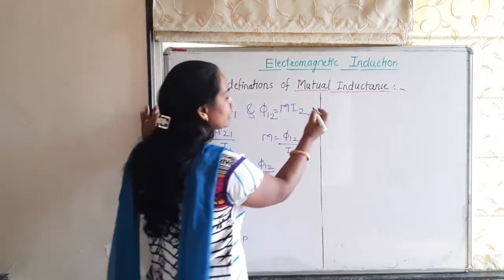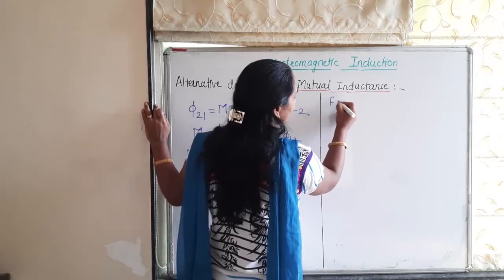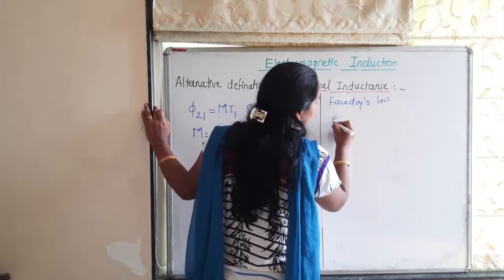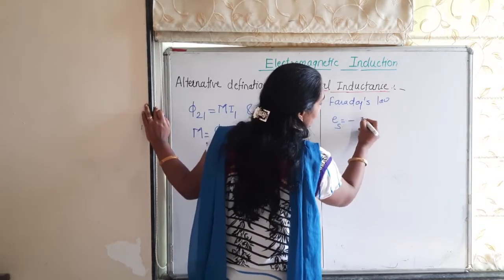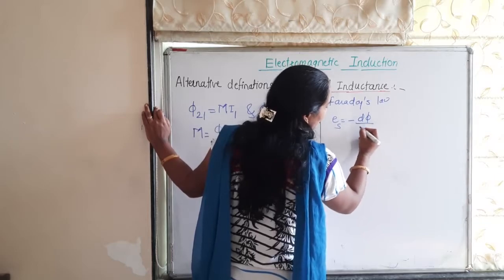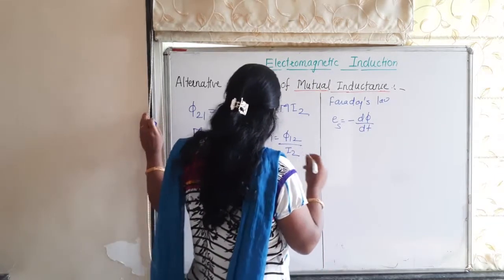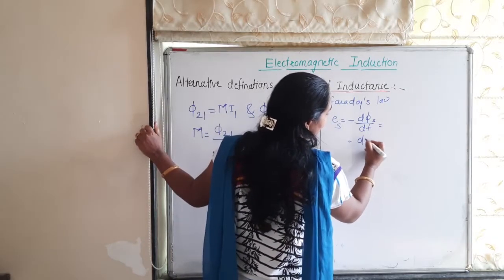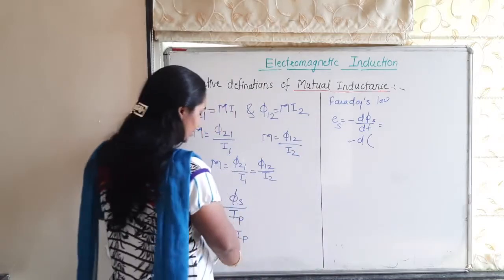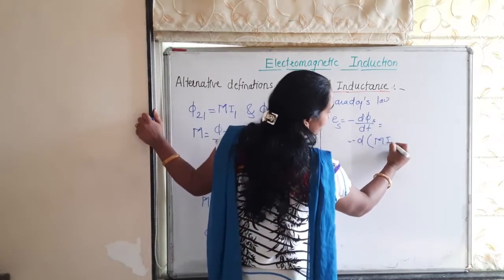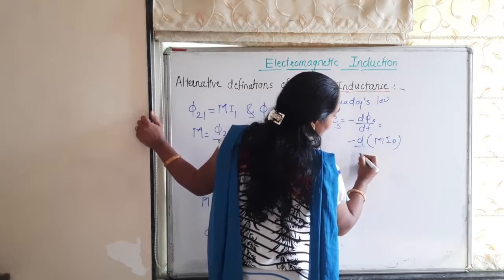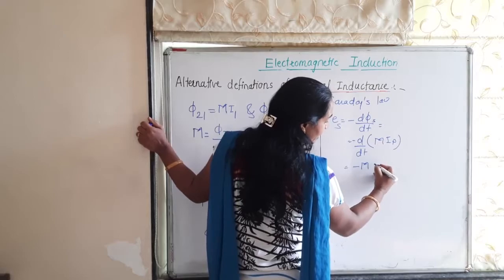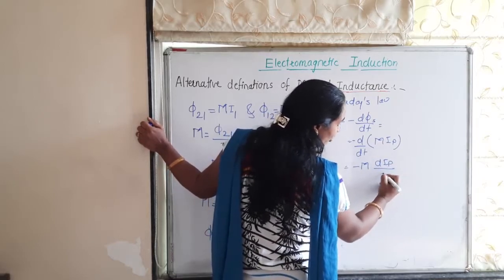Here we find the induced EMF. According to Faraday's law, induced EMF ES is equal to minus d phi upon dt. Here phi s is equal to M IP, and M is outside the bracket, so dIP upon dt.